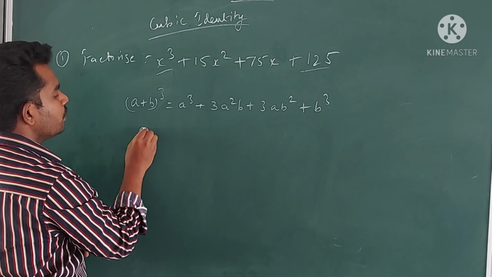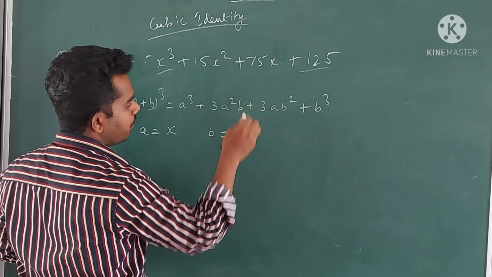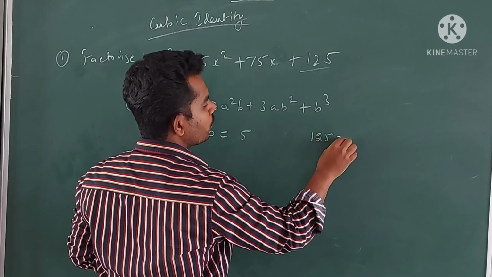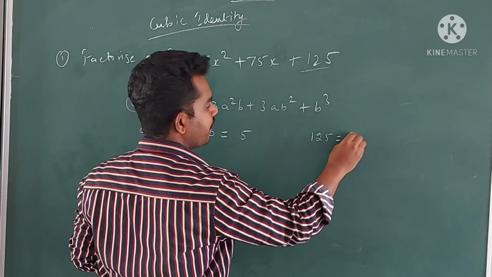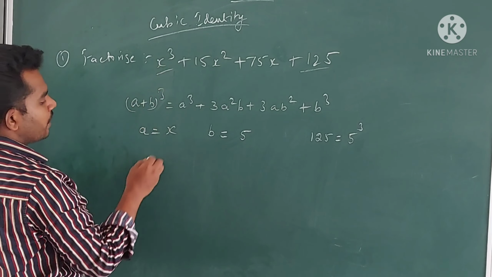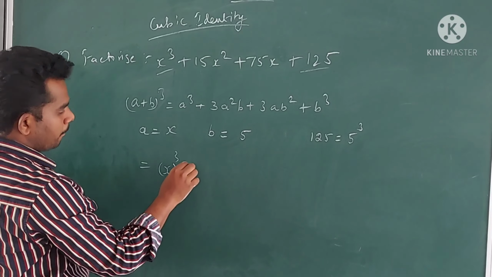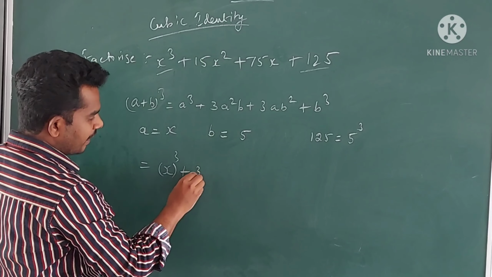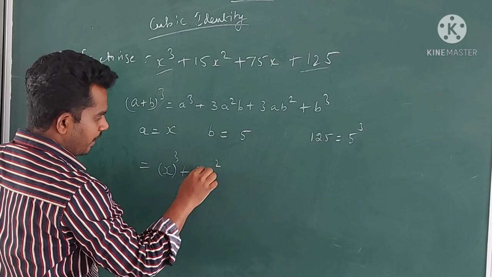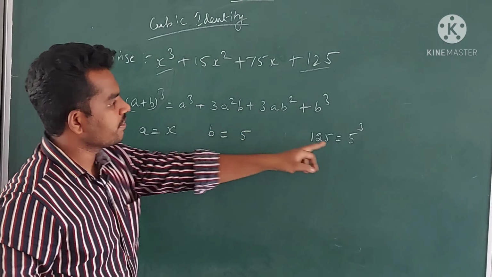Here a equals x and b equals 5, because 125 can be written as 5 cube. So x cube plus, here 3 is there, x square into b, b is 5.